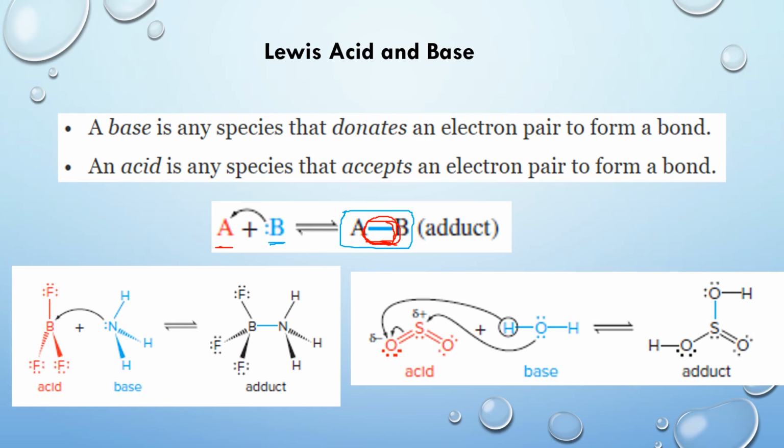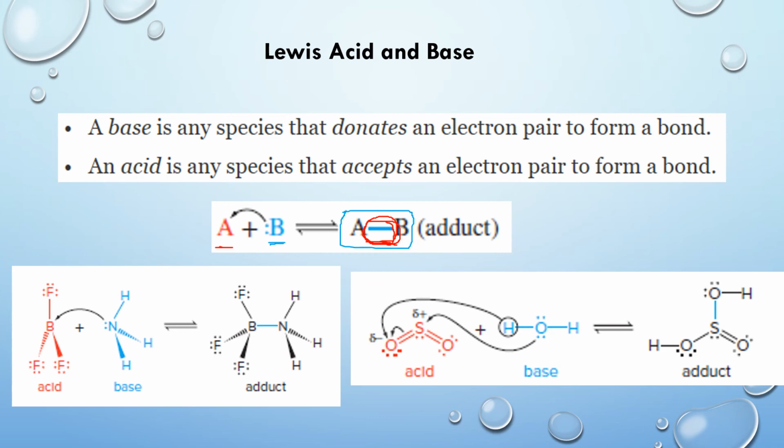For example, boron trifluoride will act like a Lewis acid. Remember, boron, as a central atom, is electron deficient.